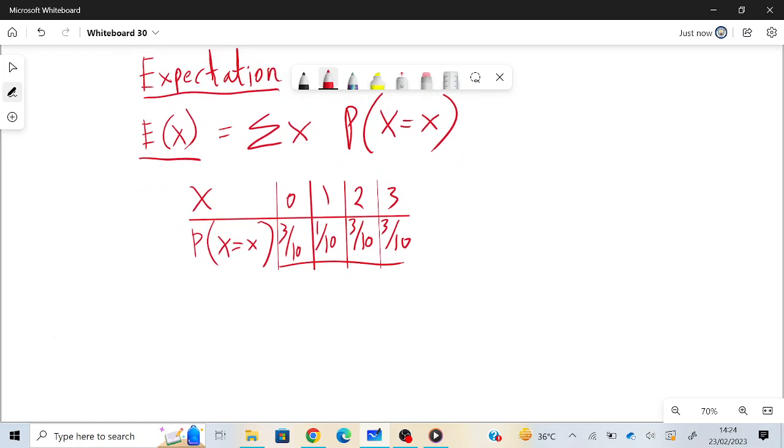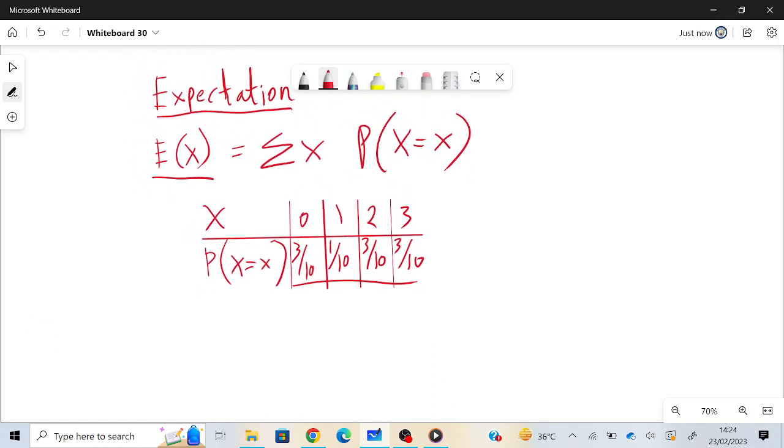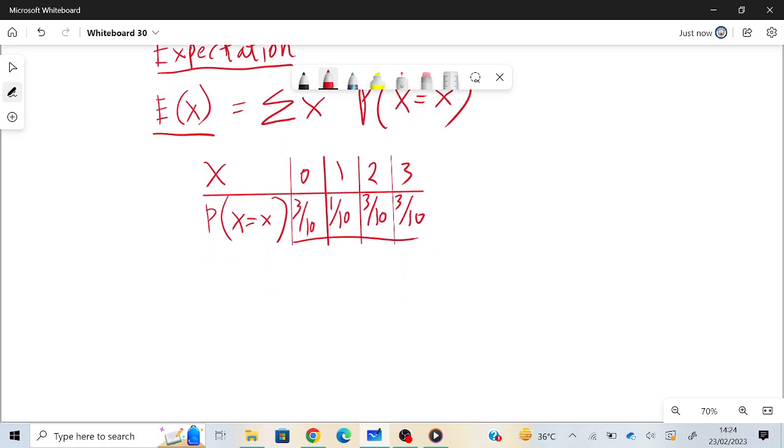So when I'm saying that I want to find the expectation of this particular group of data, what I will do is simply take my x values, which is 0, 1, 2, 3, and multiply them with the corresponding probability and sum them all together. So eventually I would have something like this.